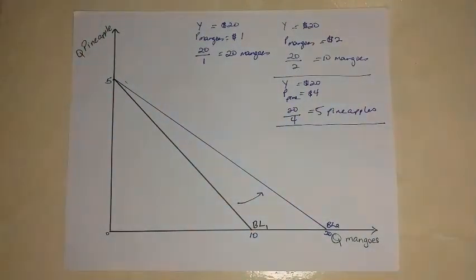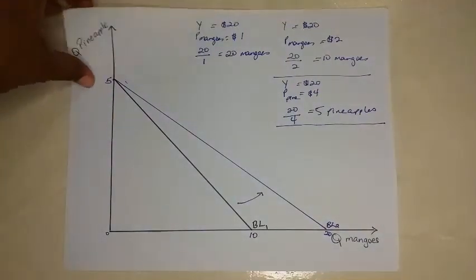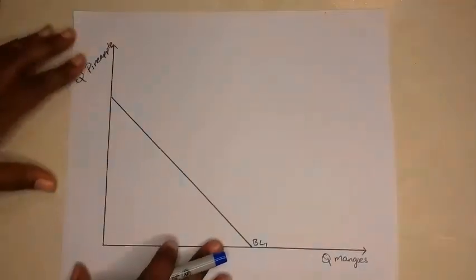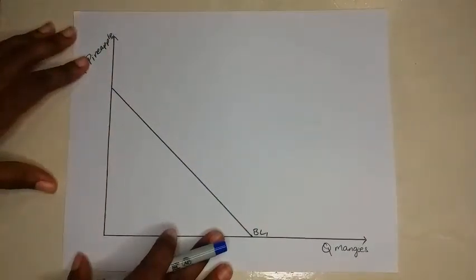Let's assume now that instead of a fall in the price of mangoes, we have an increase in our income. How will this affect our budget line? So we're going to start over with our original curves.